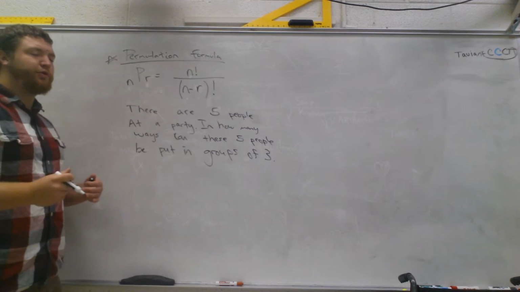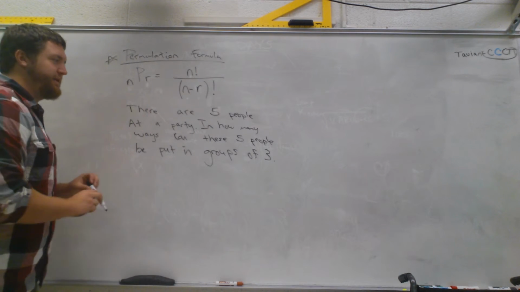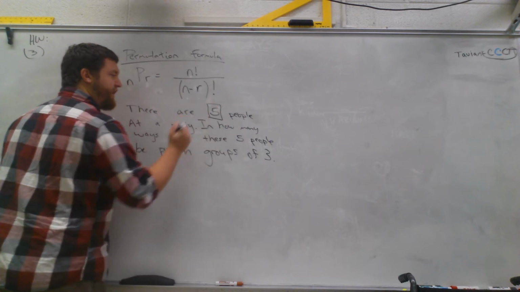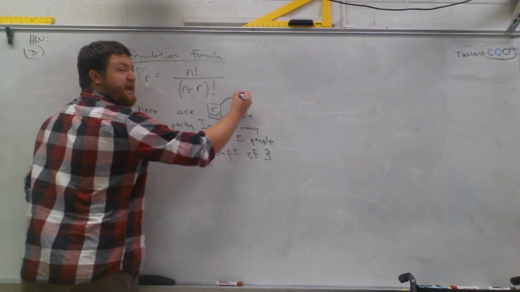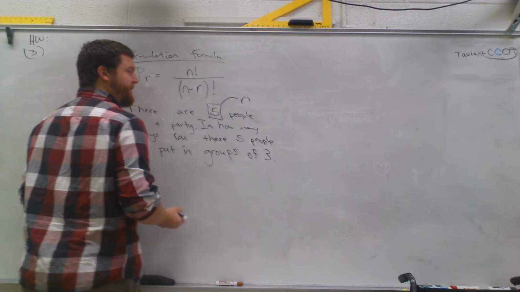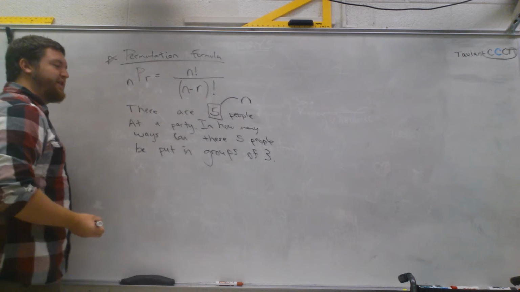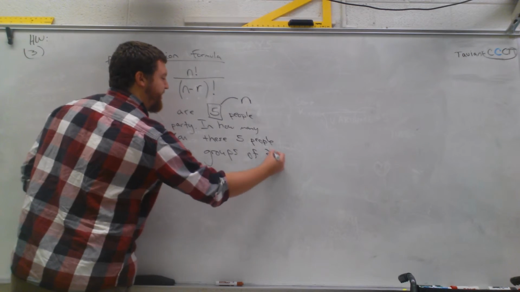So, how many total options do we have? In this one, how many total people are there? There are 5. If that is our total number of options, what letter is that? It's an N. Good. And how many am I choosing out of that 5? Good, 3. Look at you getting things right.